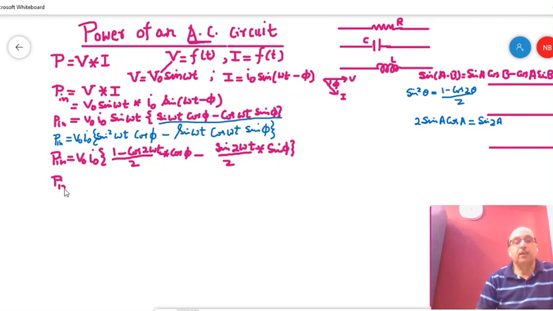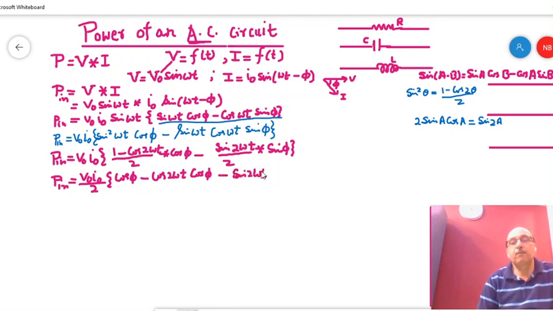Then we can write P instantaneous is equal to V naught I naught by 2 into cos phi minus cos 2 omega t cos phi minus sin 2 omega t sin phi.